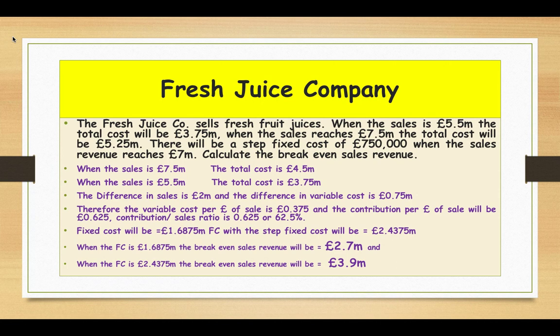Now, the second break-even sales revenue is the fixed cost of 2.4375 million divided by the contribution of 0.625. So you will get 3.9 million pounds.